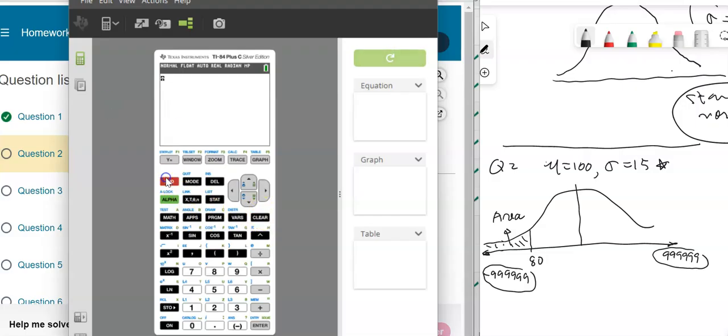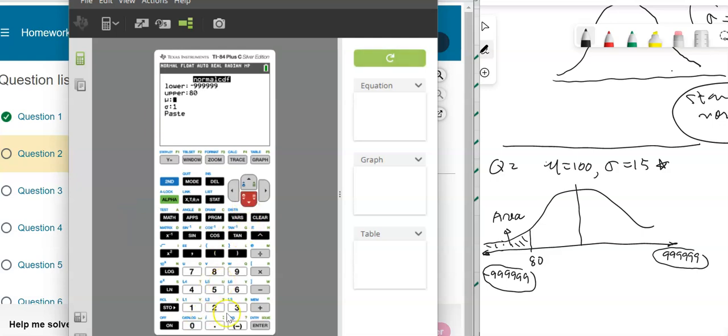Go to second VARS and go to normal CDF, number 2. Lower is negative 9999, and upper is 80, as you can see in the picture.